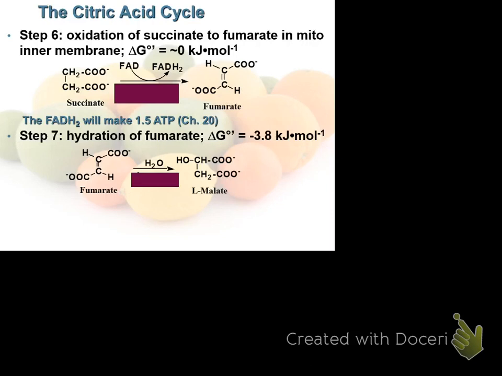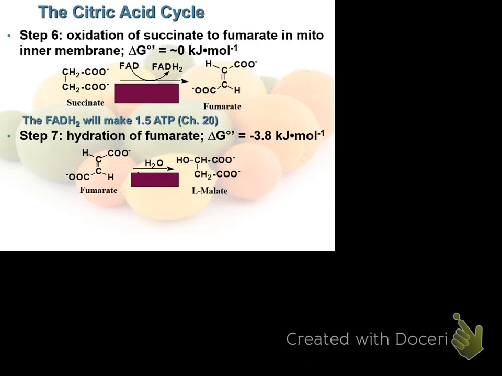Dehydrogenase, and what is it dehydrogenating? Succinate. So this is succinate dehydrogenase. And once again, in chapter 20, we'll find out that this FADH2 will only make 1.5 ATPs, whereas an NADH goes on to make 2.5 ATPs. And it'll make perfectly logical sense in chapter 20 why that happens and why it's important.